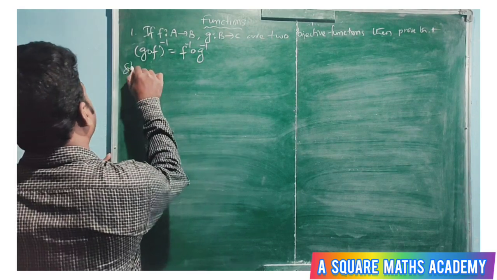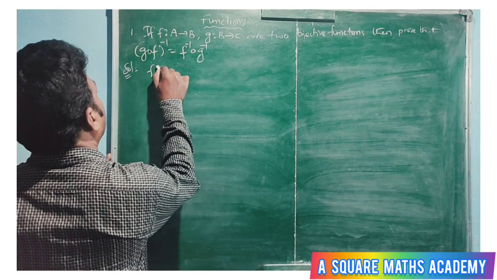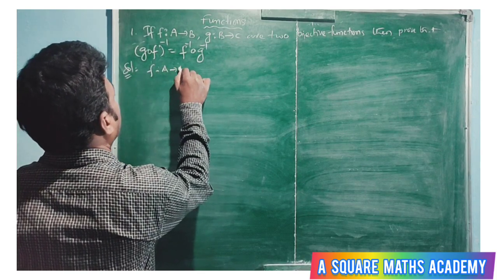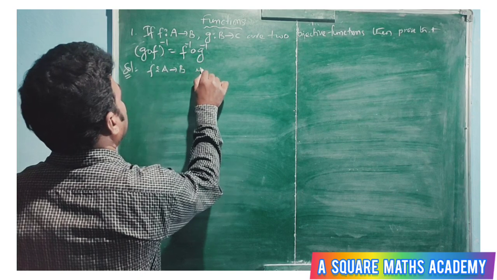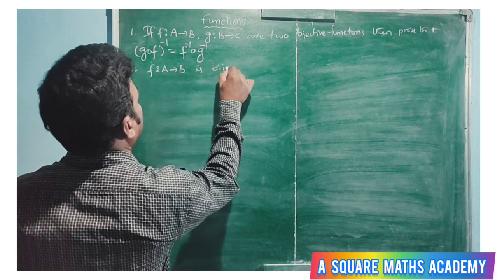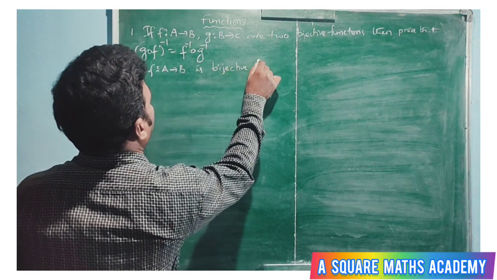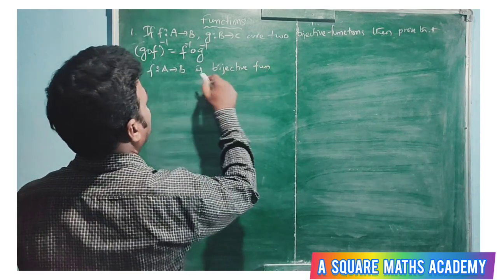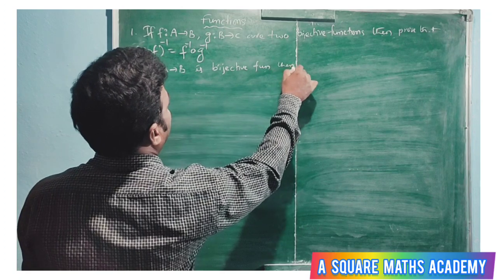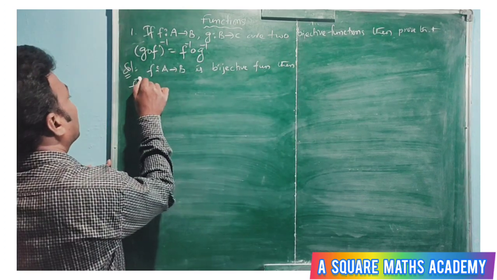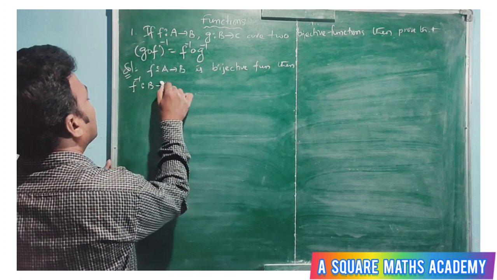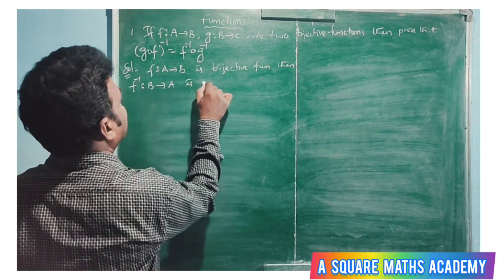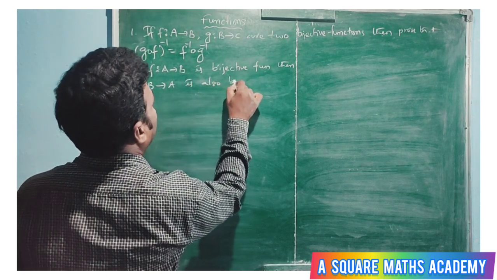First of all, given values: F from A to B is a bijective function, then F inverse from B to A is also bijective.